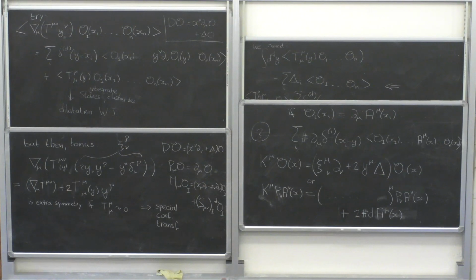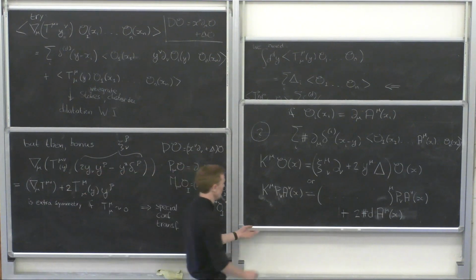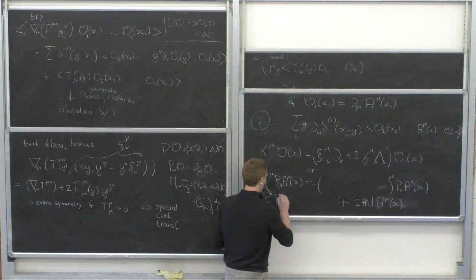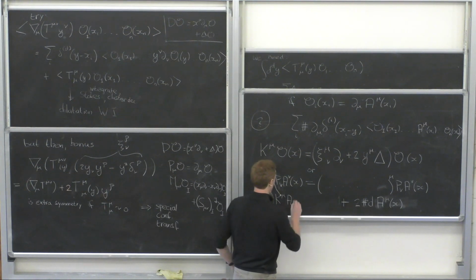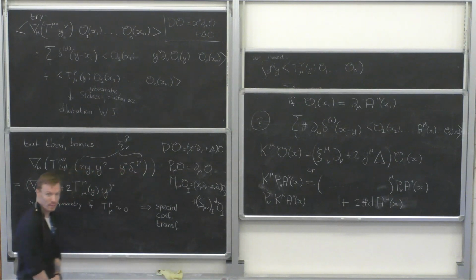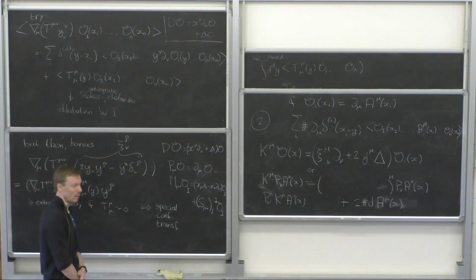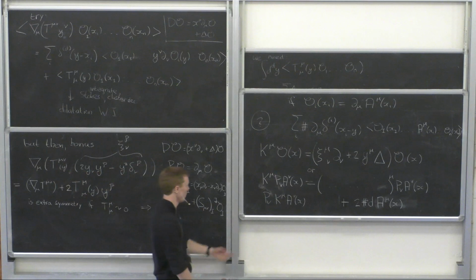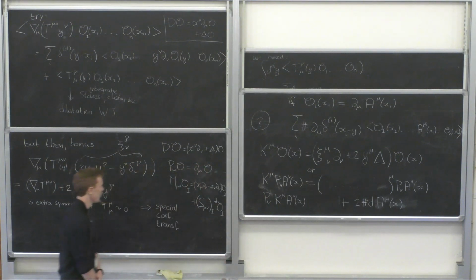Commutation relations, right? So we'll just compute P nu K mu on A nu of X, and then we subtract these two, and that's a commutator. And the commutator is something, I wrote it down, it's like dilatations and also rotations.